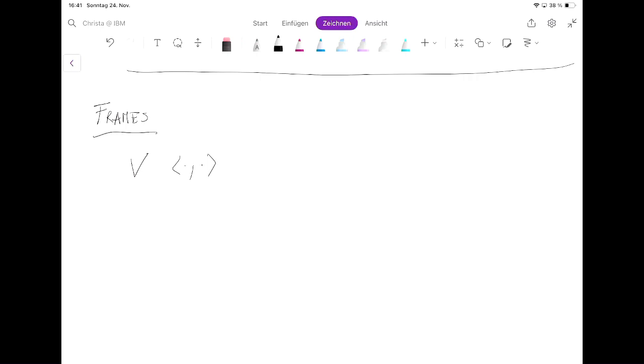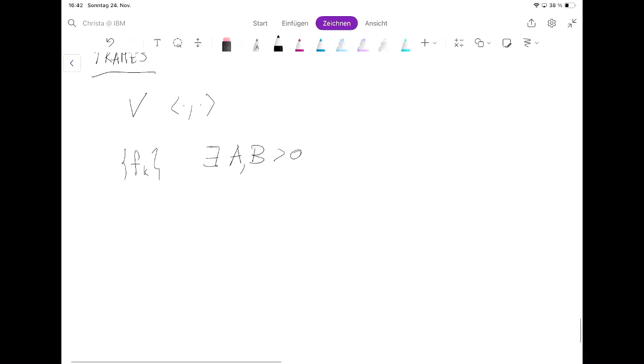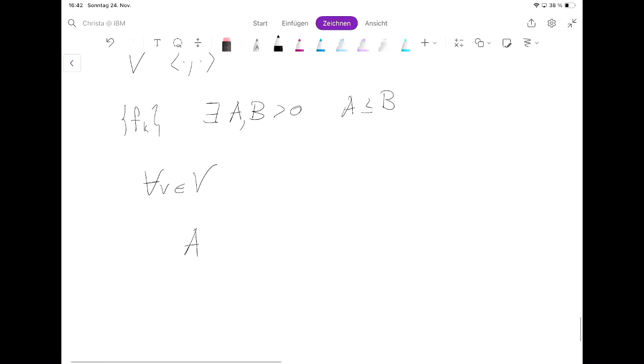And let's take a set of vectors f_k in this space and assume that there exist two positive numbers, a, b, and let's assume that a is smaller or equal than b, just for the sake of completeness. And then let's assume that for every vector v in the vector space, the following identity is verified.